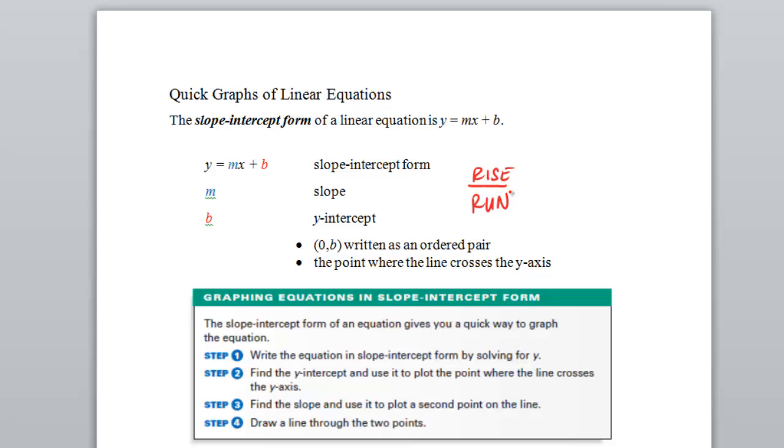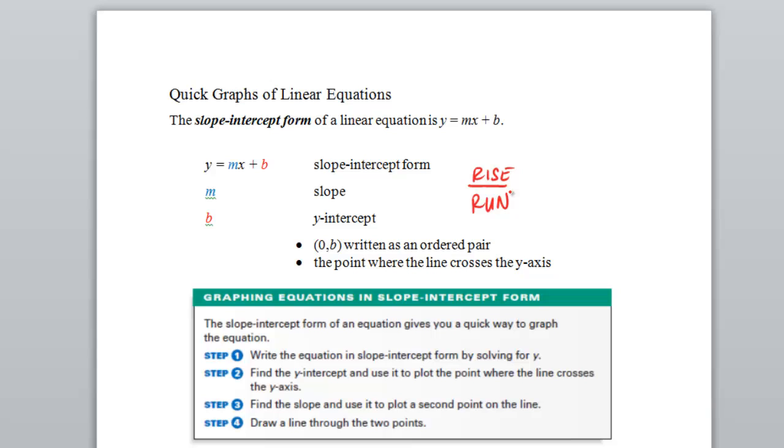If you recall, we discussed in an earlier unit that the bailout to graph any function would simply be to create an XY chart. You could plot as many points as you wanted by taking x values, plugging them into the equation, and getting the corresponding y value.